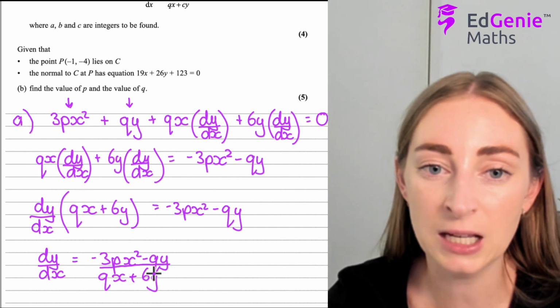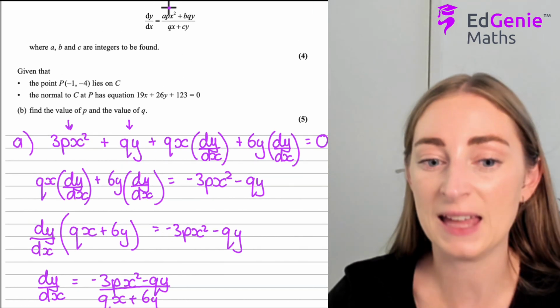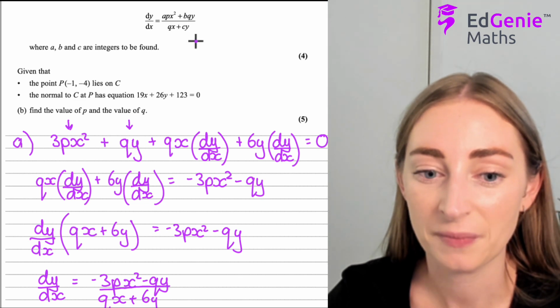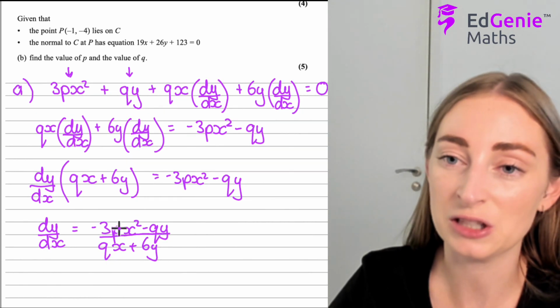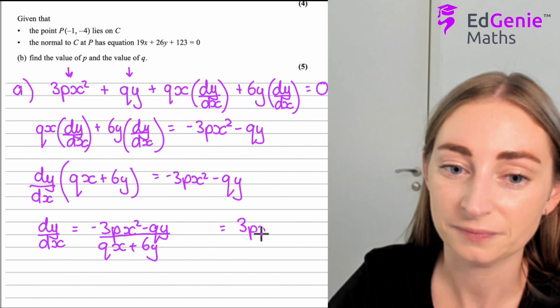So let's have a little look. Oh, it's fine, because A is -3 and B is going to be -1. Okay, we could, if we wanted to, multiply the numerator and denominator by -1, so then we would get this.